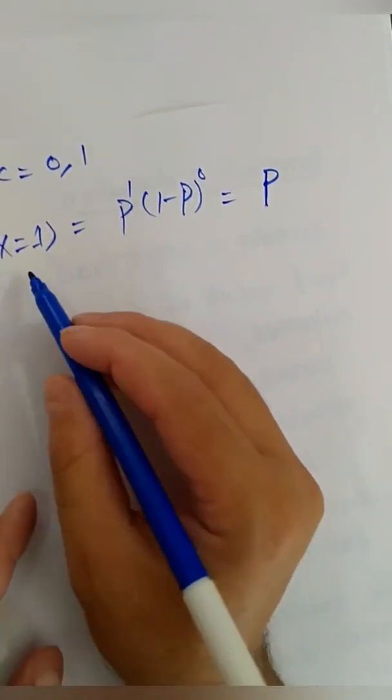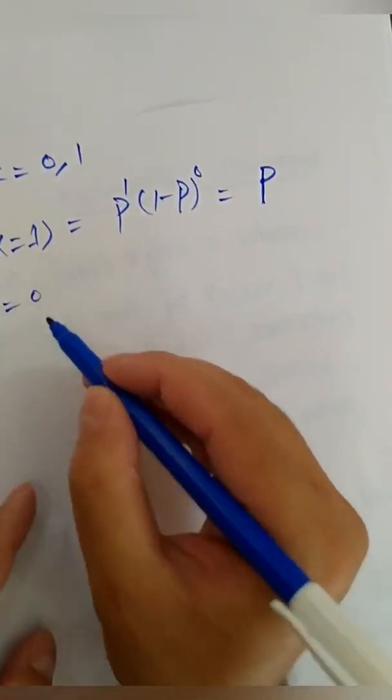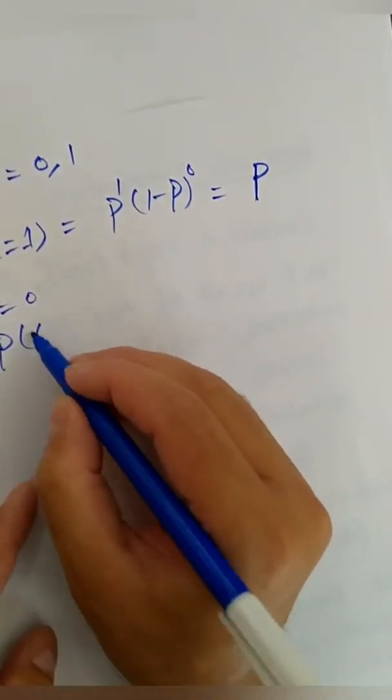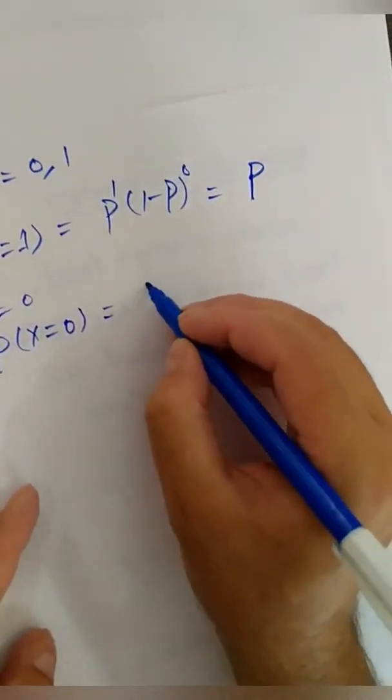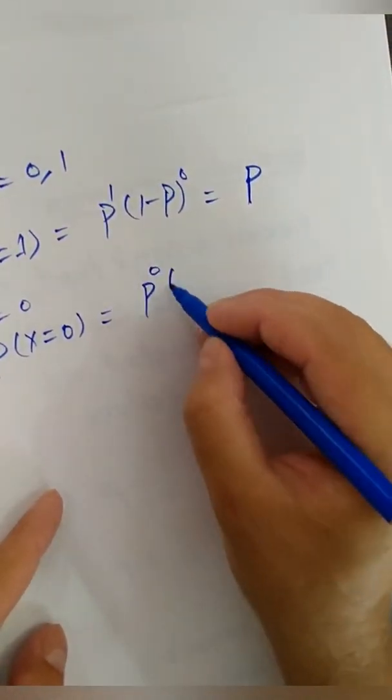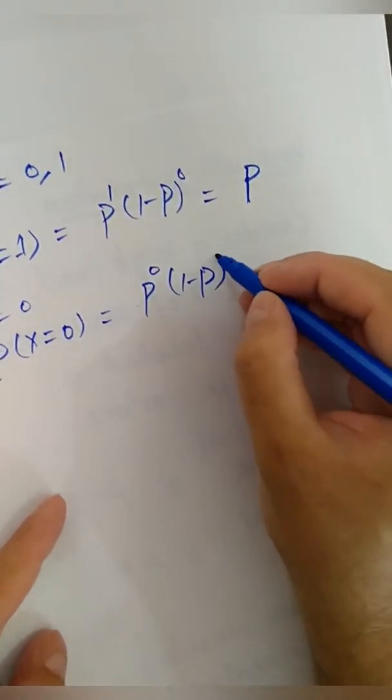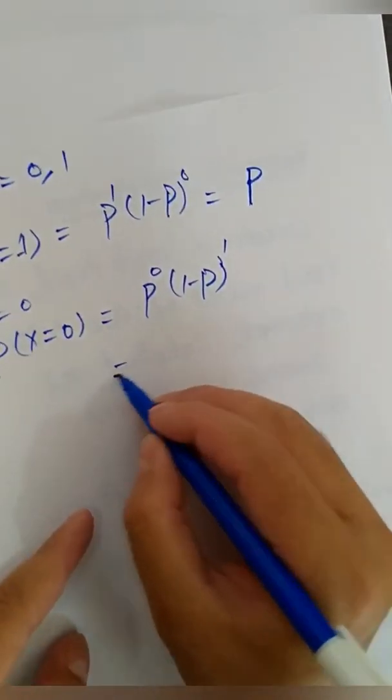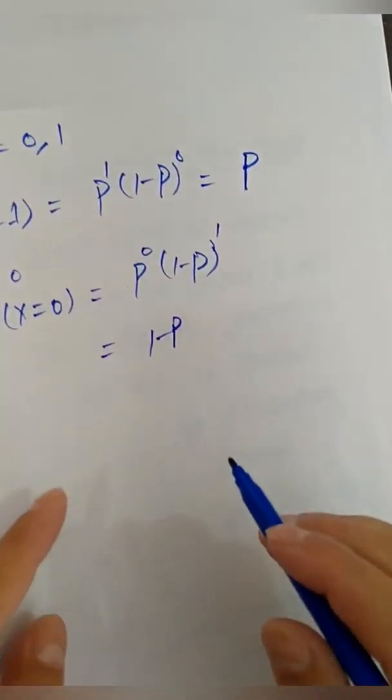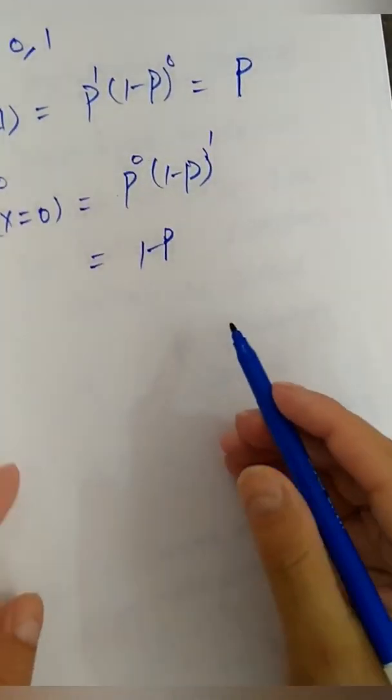So for k is equal to 0, it will give you the probability of failure. So the probability of failure is 1 minus p.